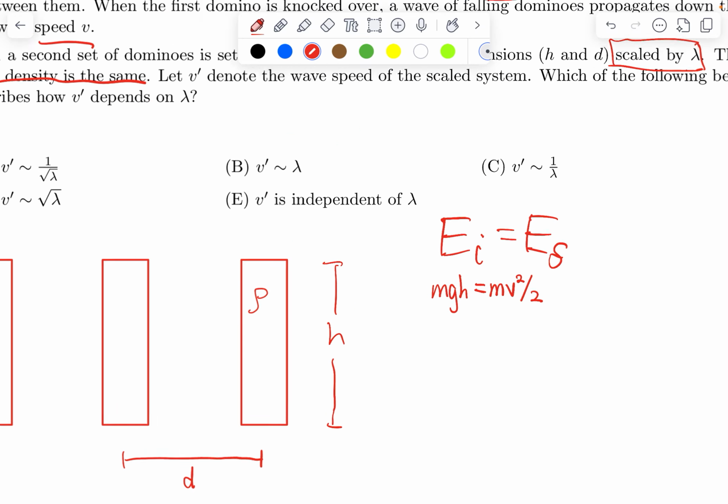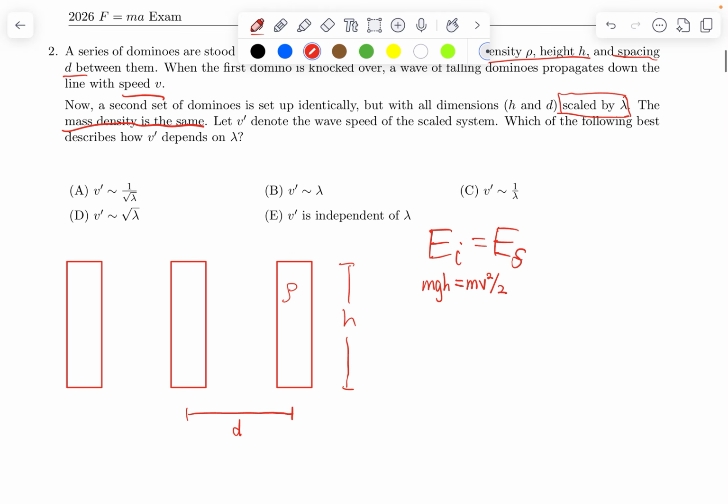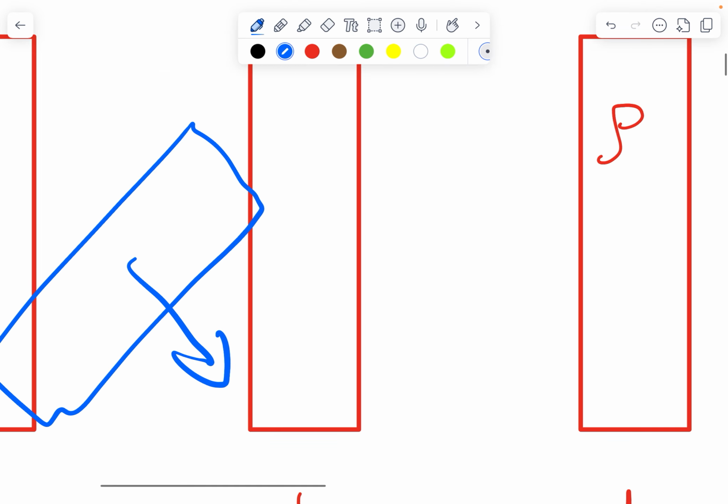And we know that it equals mv squared over 2, right? But then that v is going to be the center of mass v, and the center of mass v is going to be in this direction. But then there's a component of the v that's horizontal, right?